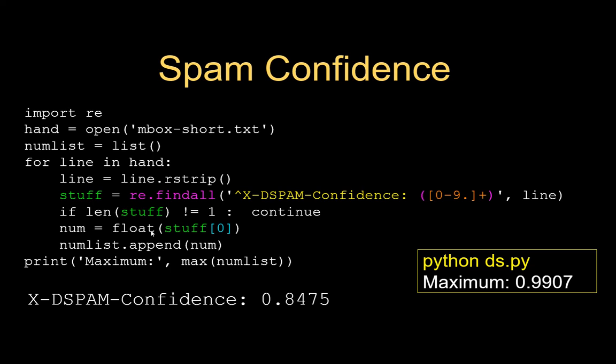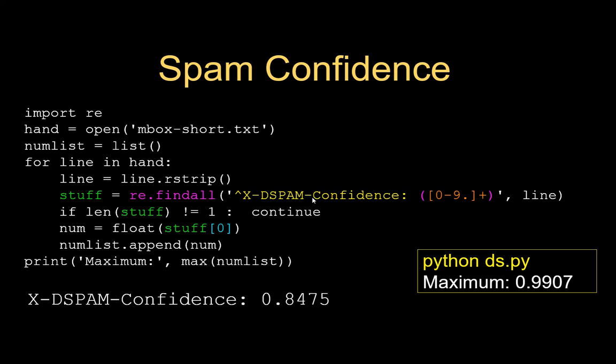Then we change that to a floating number and append it to our num list that we created here.